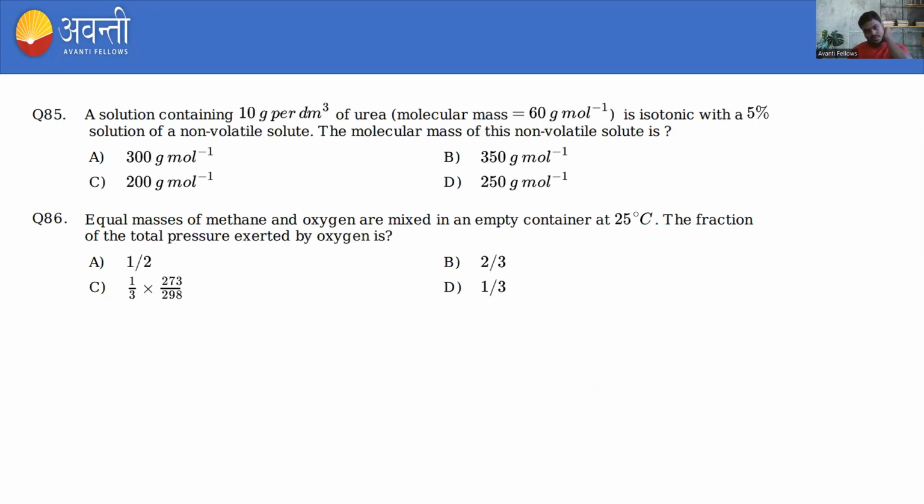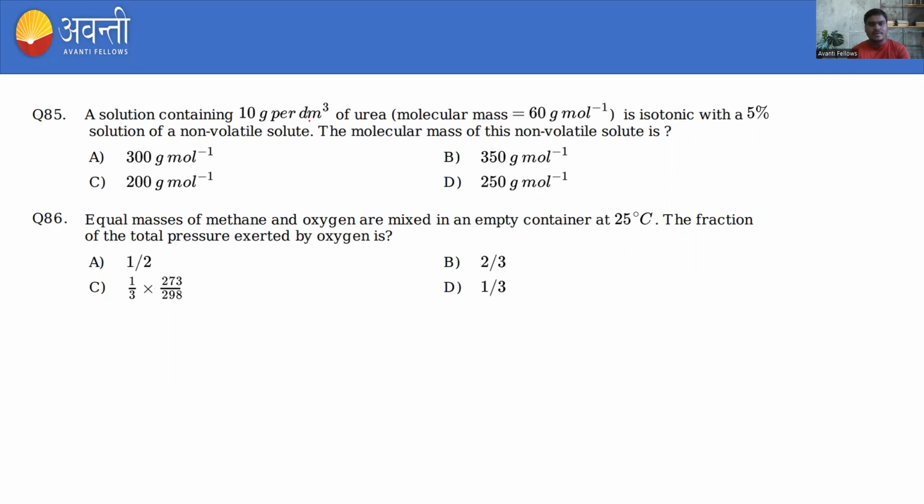That is question 85. The solution containing 10 gram per decimeter cube of urea, having molecular mass 60 gram per mole, is isotonic with a 5% solution of a non-volatile solute. You have to calculate the molecular mass. This is very simple.